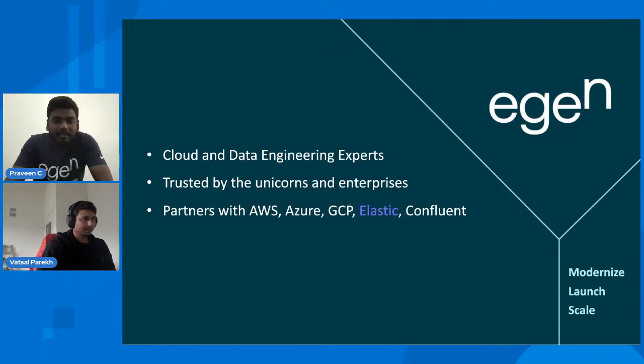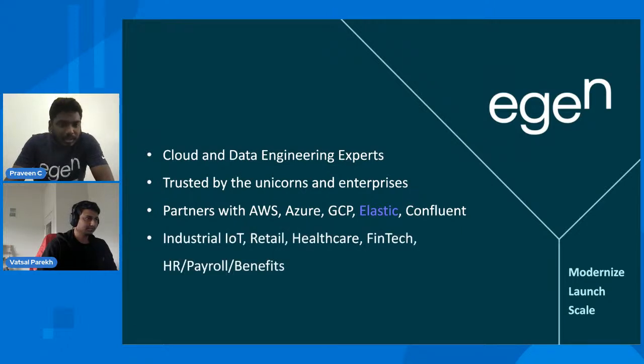We are partnered with the leading cloud providers like AWS, Azure, and GCP. Also, we have partnerships with Elasticsearch and Confluent as well. For the past 6 years, we've been in the industrial IoT domain, retail, healthcare, and fintech, and recently we started working with the HR and payroll domain as well. So this is about Egen and what we do here.